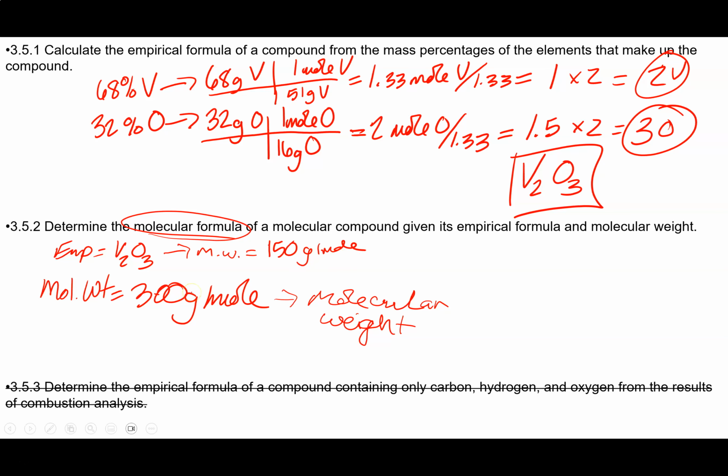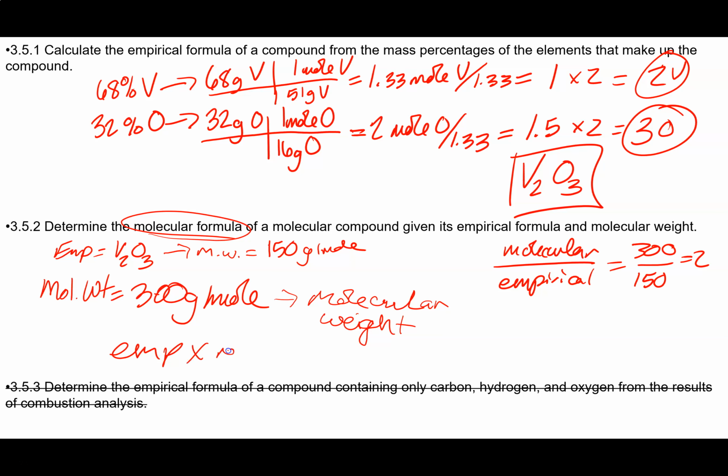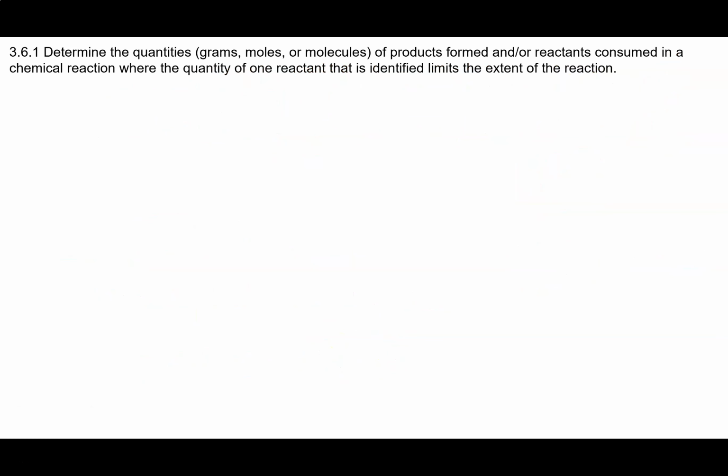I know that the molecular weight is 300, so if I do molecular formula divided by empirical, I'm going to get, in this case, 300 over 150 equals 2, which means I'm going to take the empirical times that ratio. In this case, it was 2. And I'm going to make a new formula to represent the molecular formula. Okay.